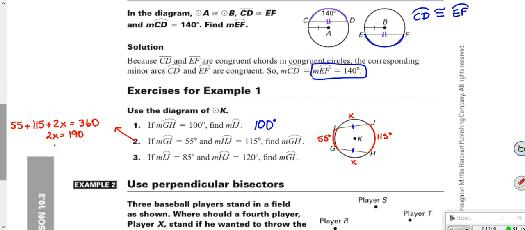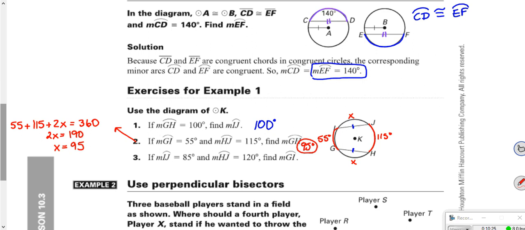So x equals 95. Now, does that answer the question they asked? Find the measure of arc GH. Yes, it does, because measure of arc GH is just one of the x's. So this is 95 degrees. Okay, hope that makes sense.